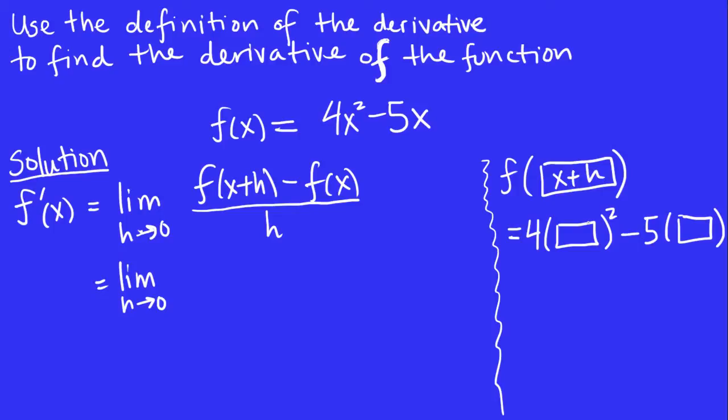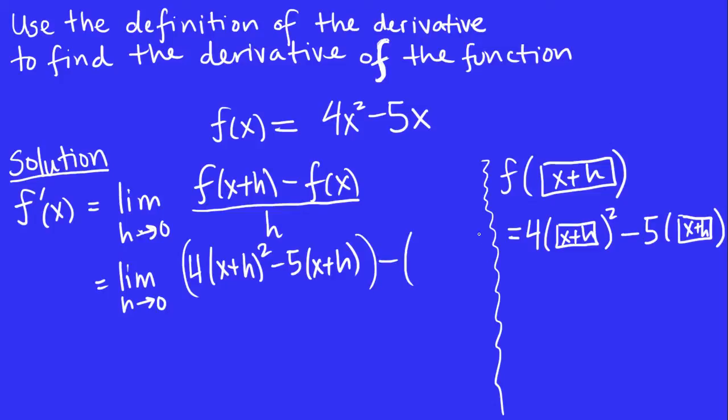So let's do that. So f of x plus h is really 4 times x plus h all squared minus 5 times x plus h. So in some sense, I just replaced x by x plus h. So it isn't that hard. And that makes up this expression here, f of x plus h. I still have to minus off f of x. Just to make things look clean, why don't I put brackets here?